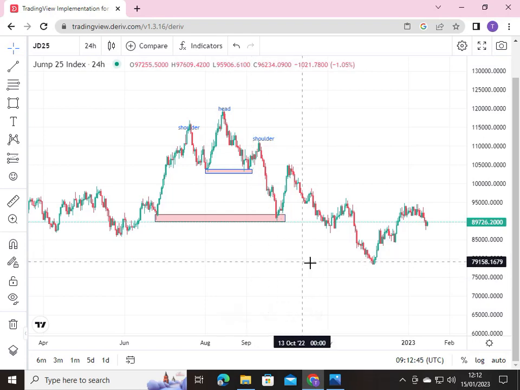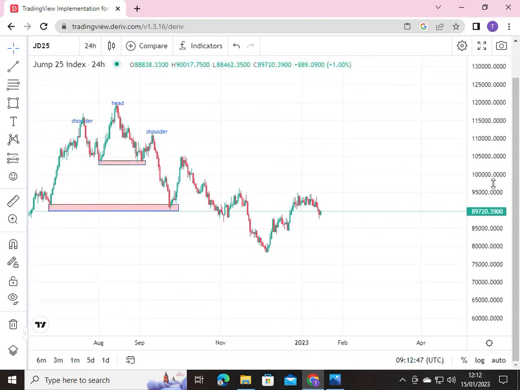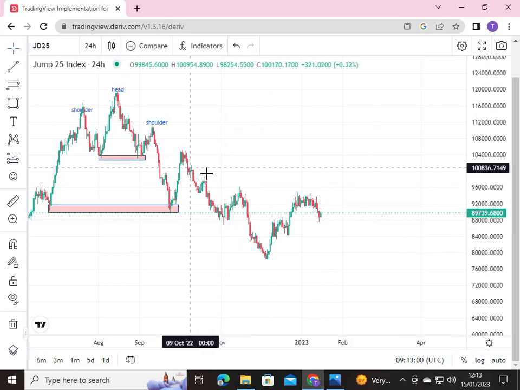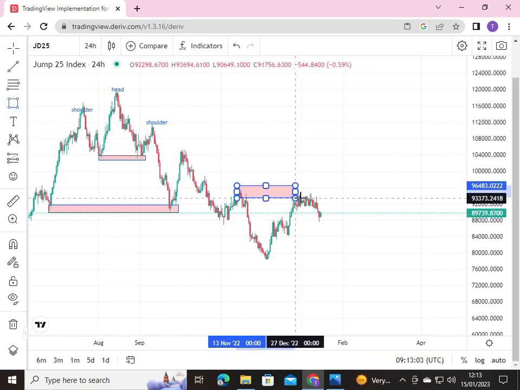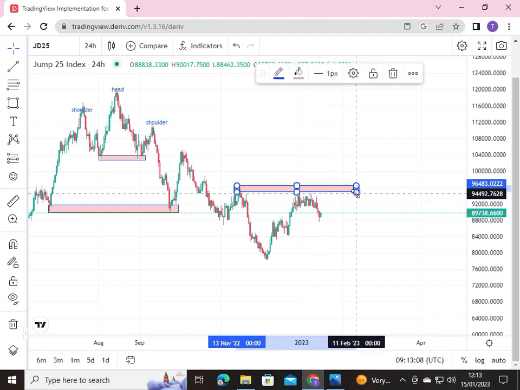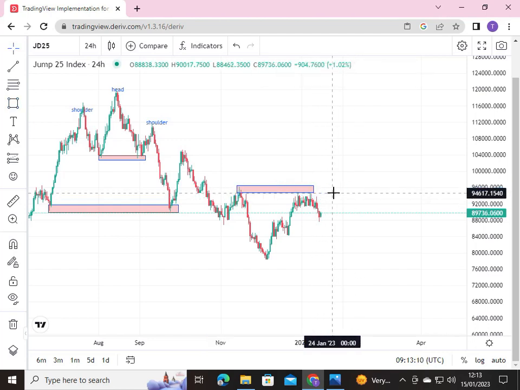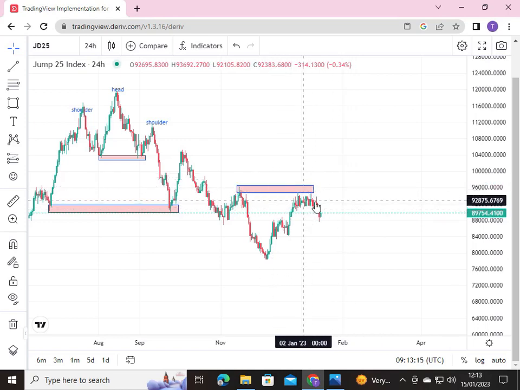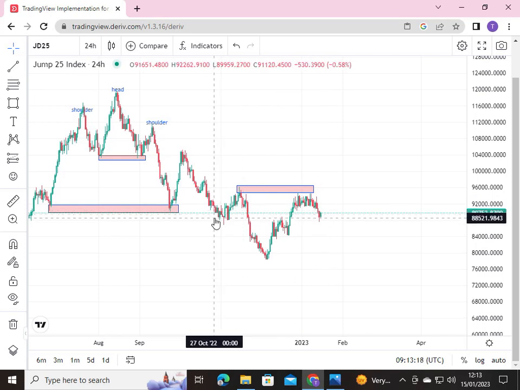Basically, I was looking at it. Let's go here to Jump 25. As you can see, we start analyzing from the higher time frame. We have a pattern forming here. You can see it respected this area, and after it respected this particular area, it started going down, and there is still another area here.